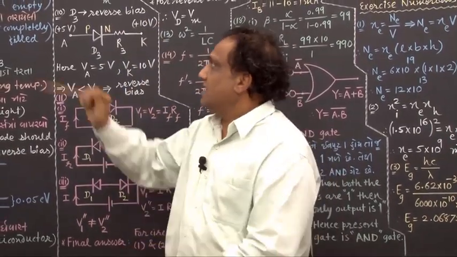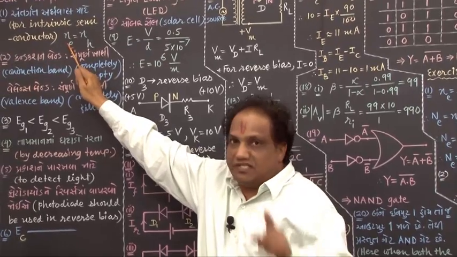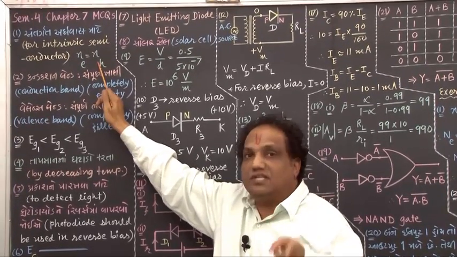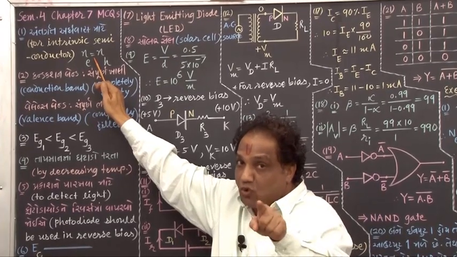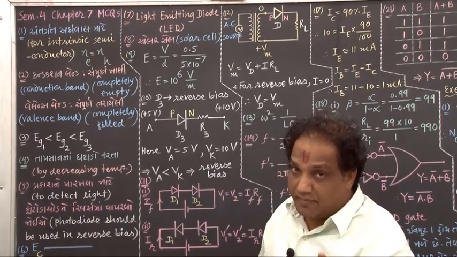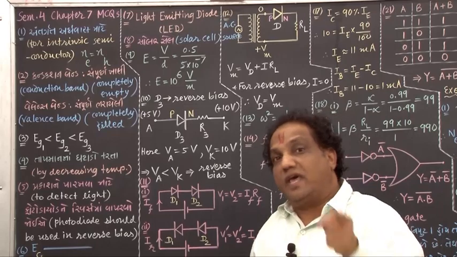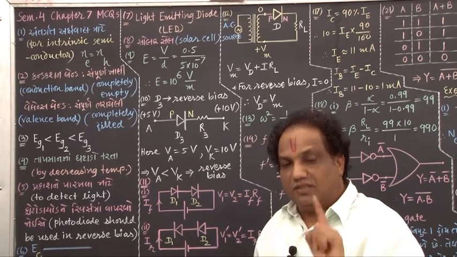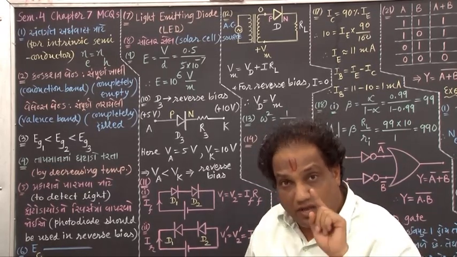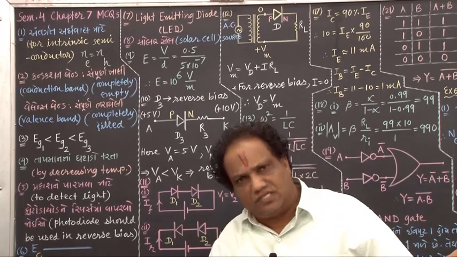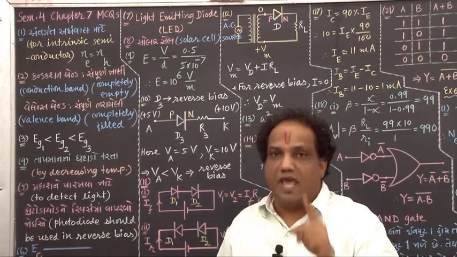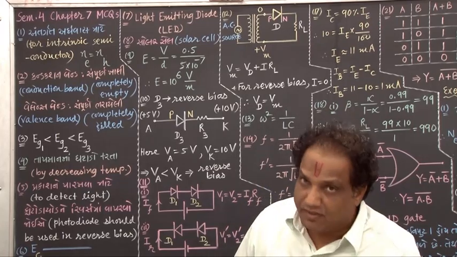That's why I am writing here free electron number density is Ne and hole number density is Nh, both of them are equal. But remember, this thing is true only for intrinsic semiconductor. If you are talking about extrinsic semiconductor, that is added with impurity, the doped semiconductors, there are two types, N-type semiconductor or P-type semiconductor.